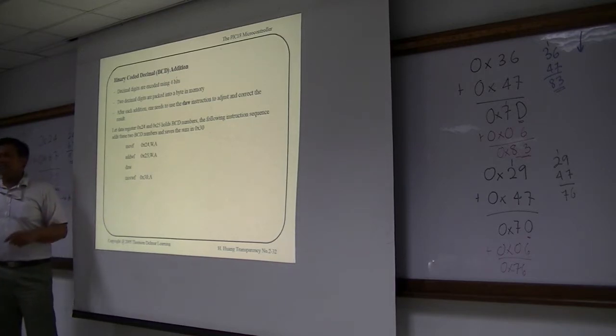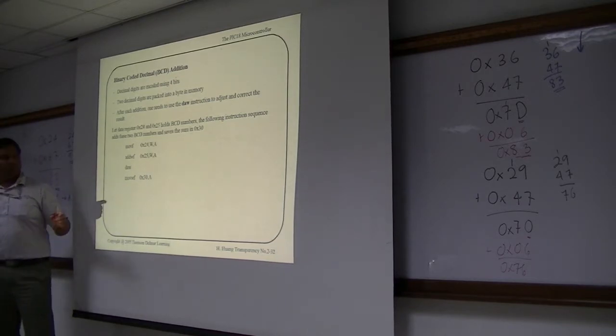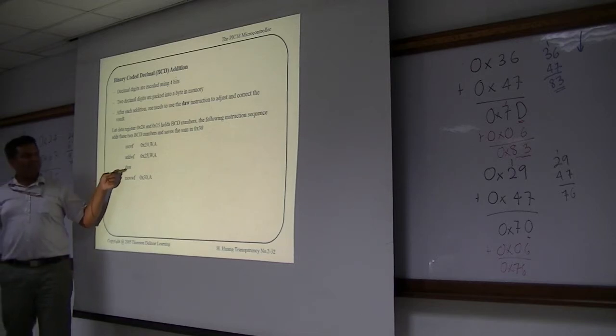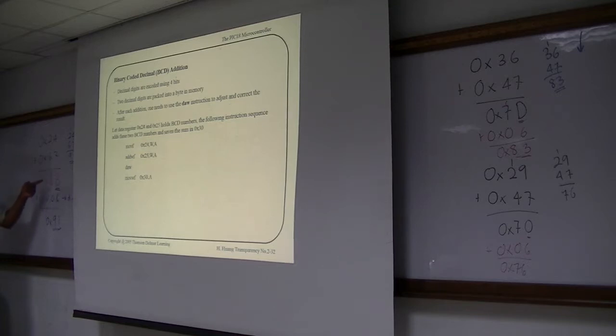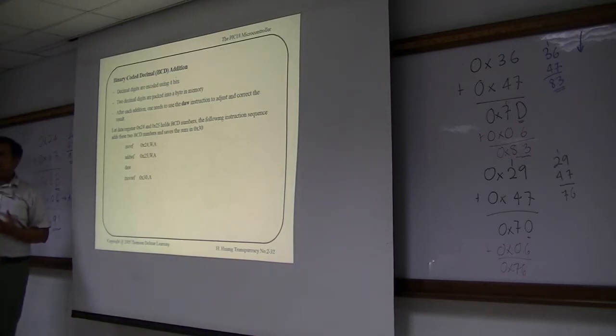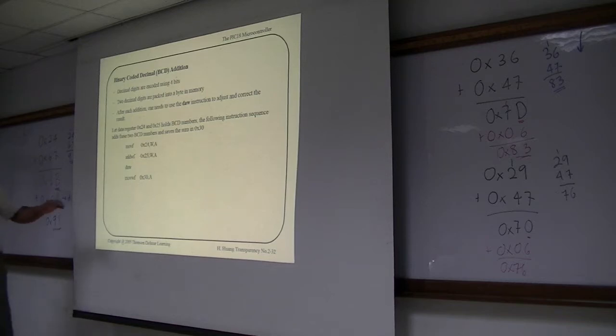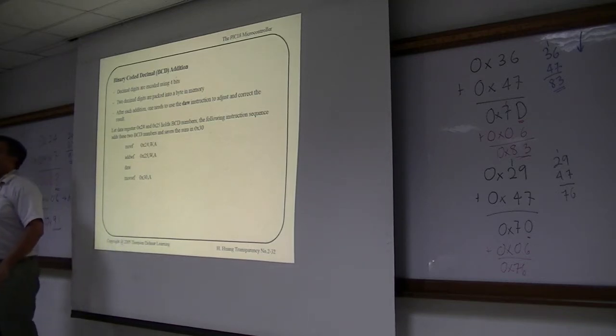Before you store the answer at the required location, you must perform decimal adjust. What will decimal adjust do? It will actually check. It will automatically do this or any one of those. So you will get the correct answer, which is valid in decimal, and you can store it at hex.